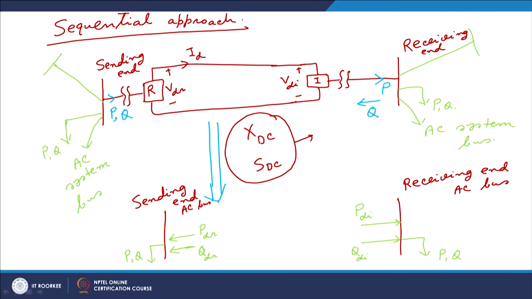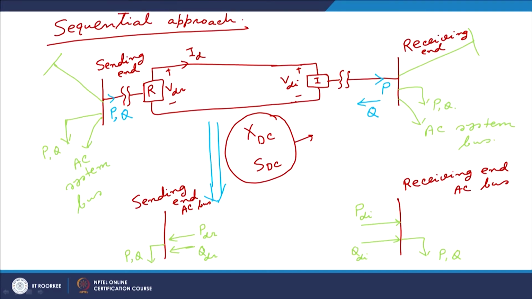So, then what happens at the sending end bus: P net would be minus P plus PDR, and Q net would be minus Q plus QDR. Please note that P and Q are nothing but the AC loads. Okay.